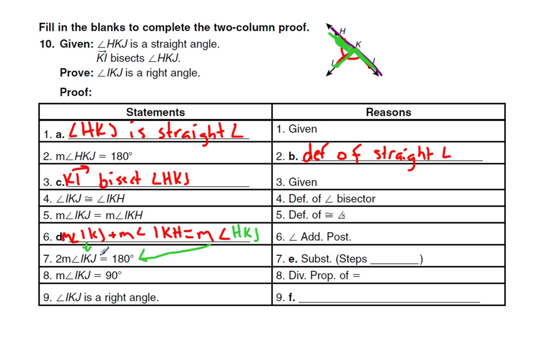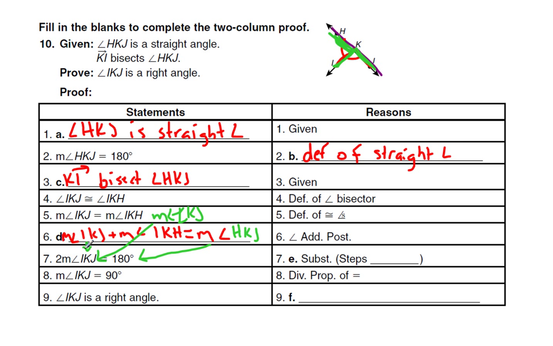How did we get double that? Well, IKJ is the same as IKH, which means anywhere we see IKH, we could replace that with the measure of angle IKJ. So instead of IKJ plus IKJ, you just say 2 times that measure. Hopefully that makes sense.